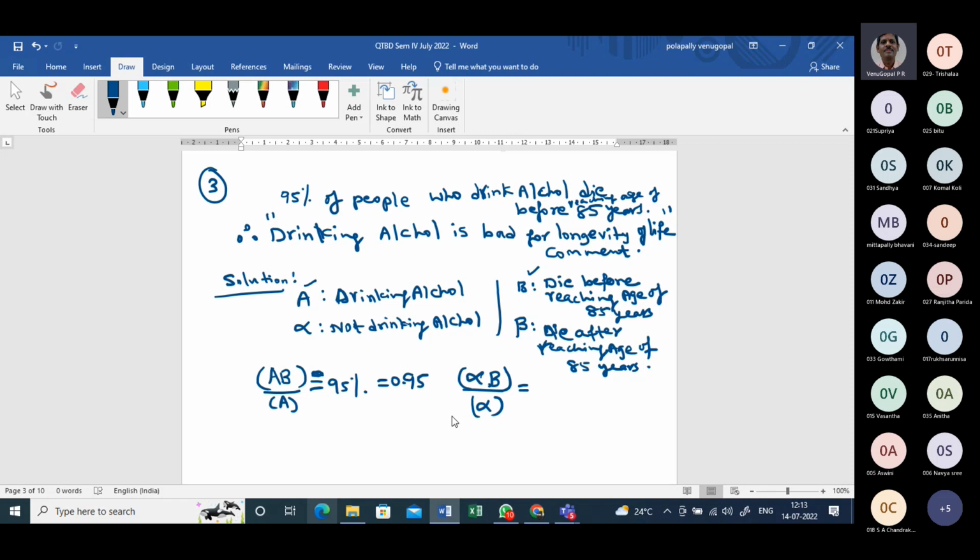This information is insufficient to arrive at a valid conclusion about the association between A and B. We must have the percentage of persons who do not drink alcohol and die before reaching the age of 85. That is, alpha B by alpha data is not available. So can't we take alpha as 5%, sir, then?